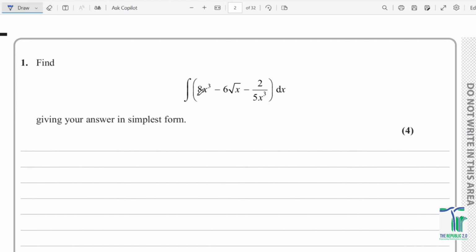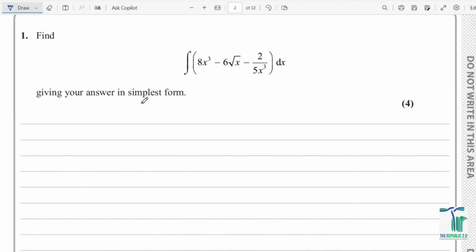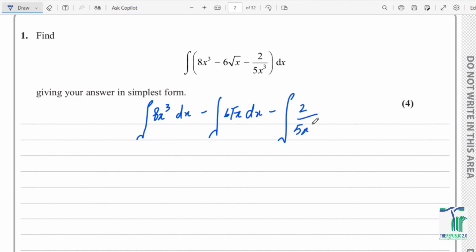We need to integrate 8x cubed minus 6 root of x minus 2 upon 5x cubed, bracket close, dx. First of all, I'm going to split it down: 8x cubed dx minus 6 root of x dx minus 2 upon 5x cubed dx.